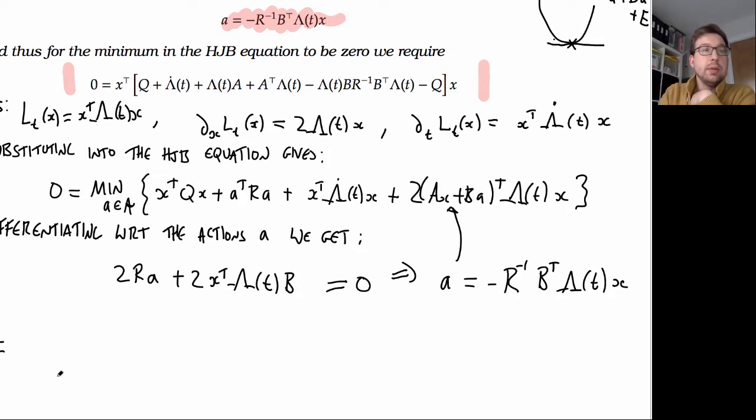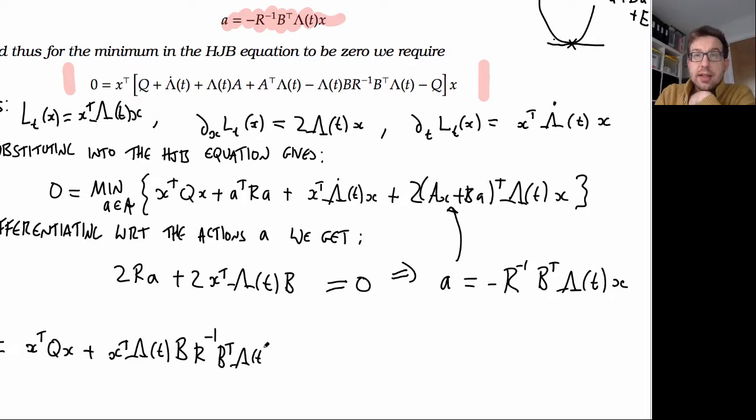So I need 0 equal to x transpose Q x plus a transpose R a. From this a transpose, that's going to give me lambda transpose B R to the minus 1 times R to the minus 1, so overall an R to the minus 1 in here, times B transpose lambda(t) of x. I think that's right.